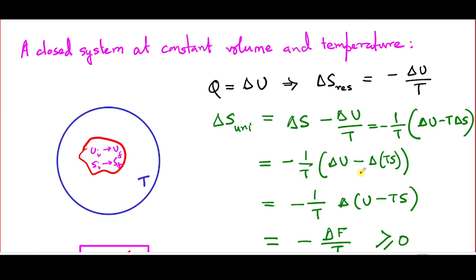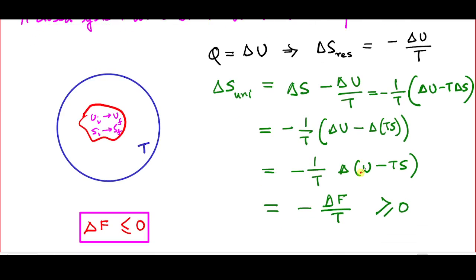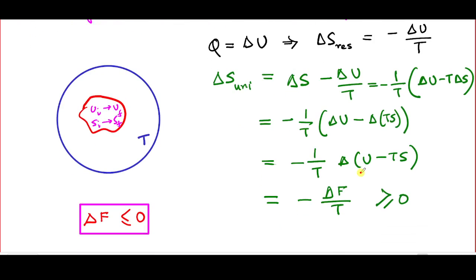But note, the temperature, at least for all our classical systems, is definitely positive. So this tells us that the only way in which a system which is held at constant volume and temperature can evolve is in a direction of decreasing Helmholtz free energy. So the only evolution that will take place, if any, is a direction in which F goes down.